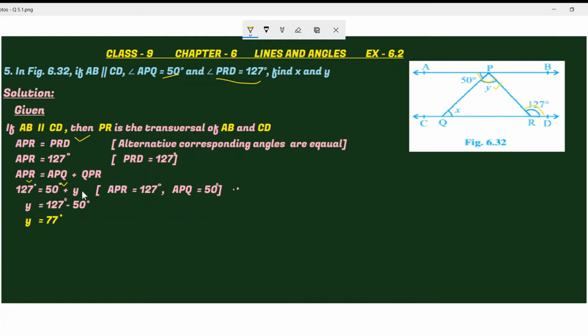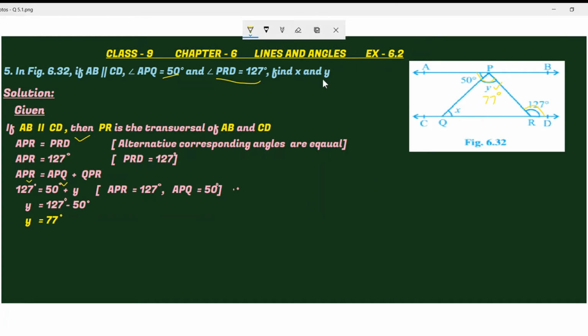I am keeping Y on this side and bringing this 50 to the other side. So 127 degrees minus 50 degrees is equivalent to 77 degrees. So Y is 77 degrees.